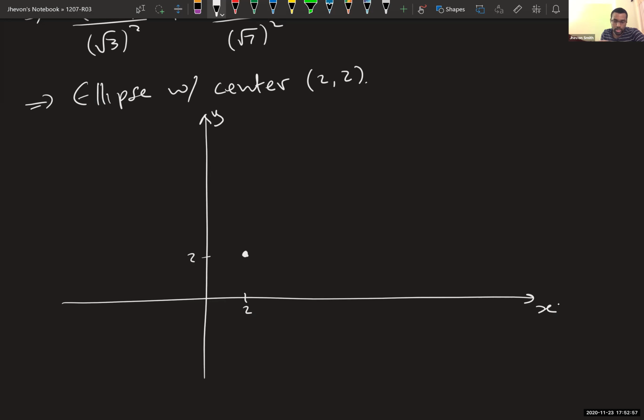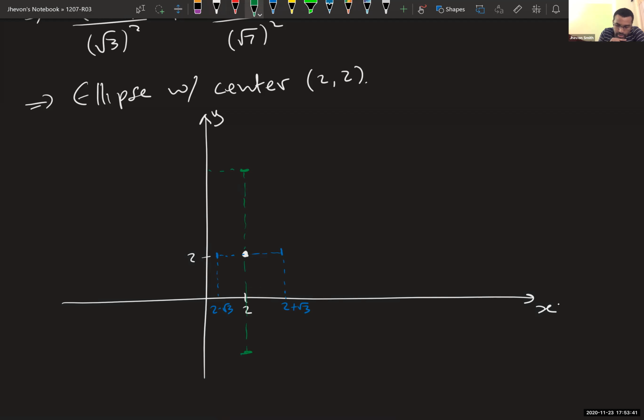I'm going to move left and right by radical 3. Radical 3 is a little bit less than 2, so I'm not quite going to get to the y-axis. So this is going to be over 2 minus radical 3, and this is going to be over 2 plus radical 3. And in the y direction, I'm going to go up and down by radical 7.